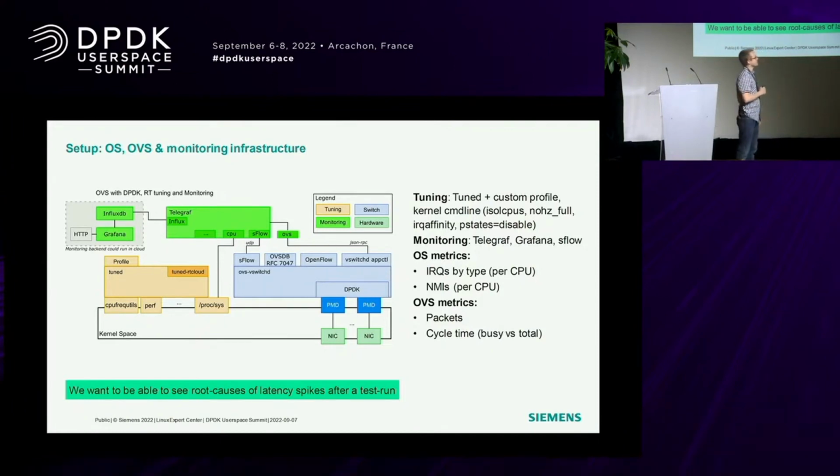And we also get some other things like packet statistics. But that's basically it. So from the OS side, we're mostly interested in the interrupts that happen, also the non-maskable interrupts per CPU. And from the OVS side, we're interested in packets and the cycle time.